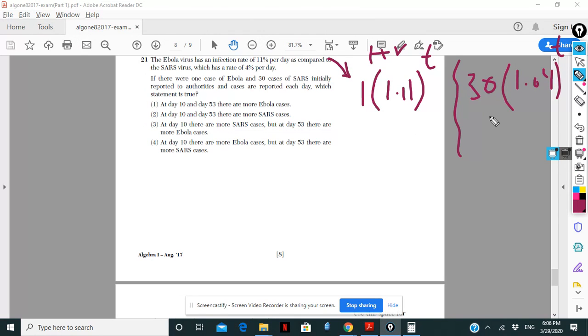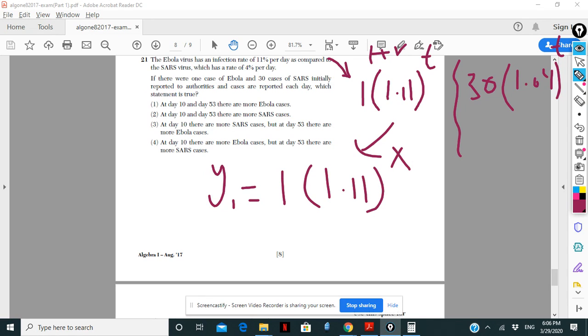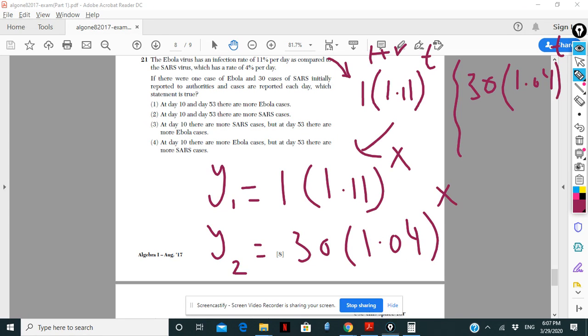So I go for the graphing calculator. I write y1 equal to 1 open parentheses 1.11 to power x, and y2 equal to 30 open parentheses 1.04 to power x, and go and check the table.